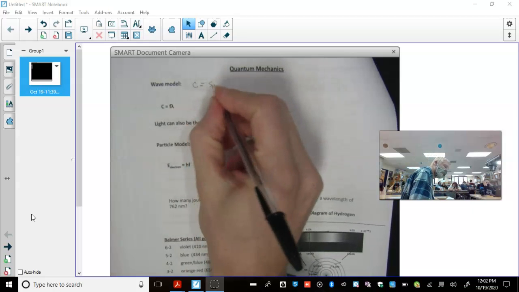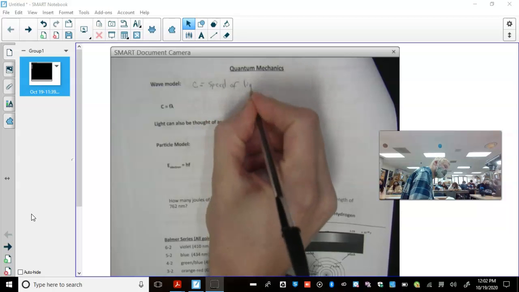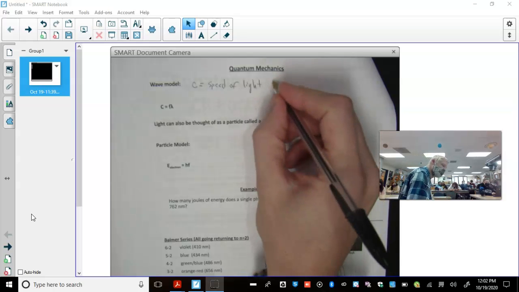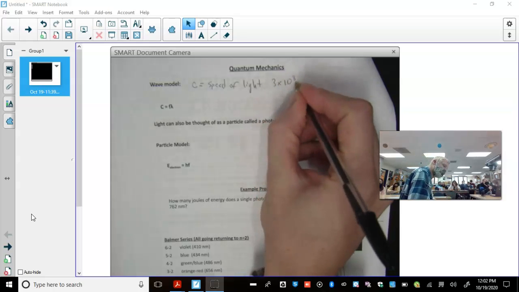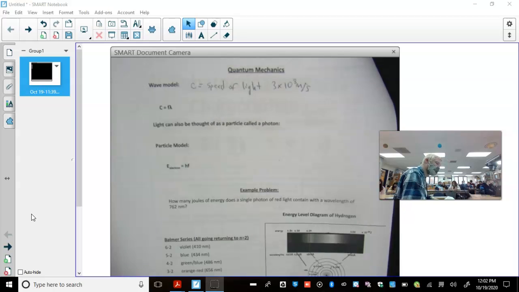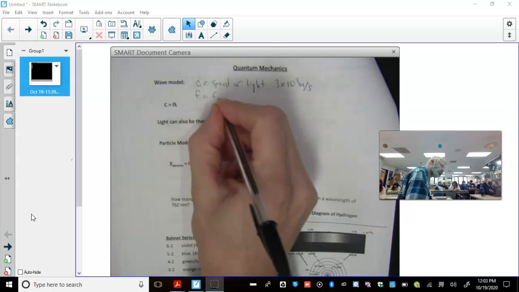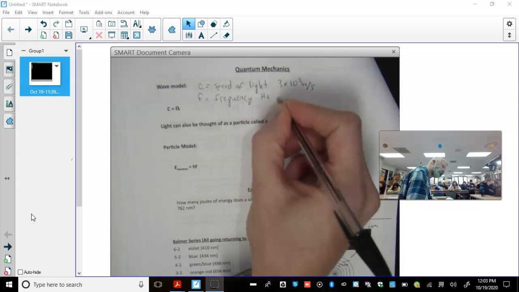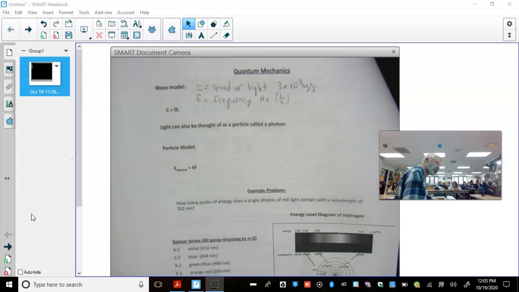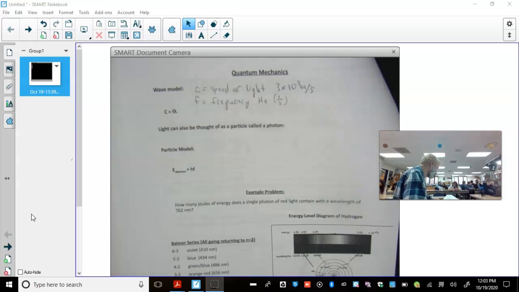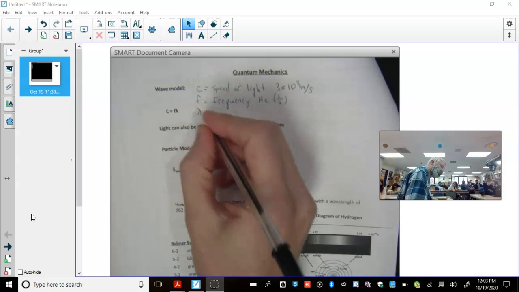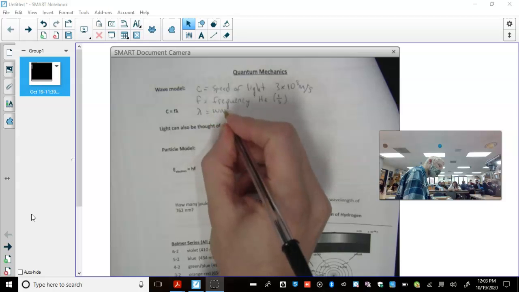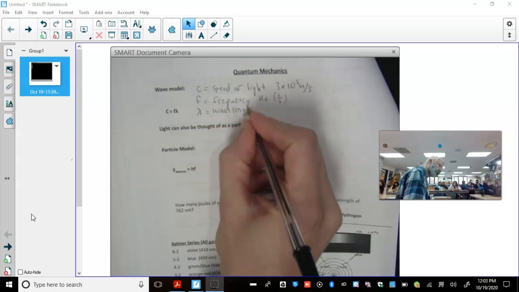So c, speed of light, which is, anybody remember? 3 times 10 to the 8th meters per second, and that's in the data booklet. f is frequency, which I believe is in hertz, also known as 1 over second. And then lambda looks like an upside down y, Greek symbol, wavelength.